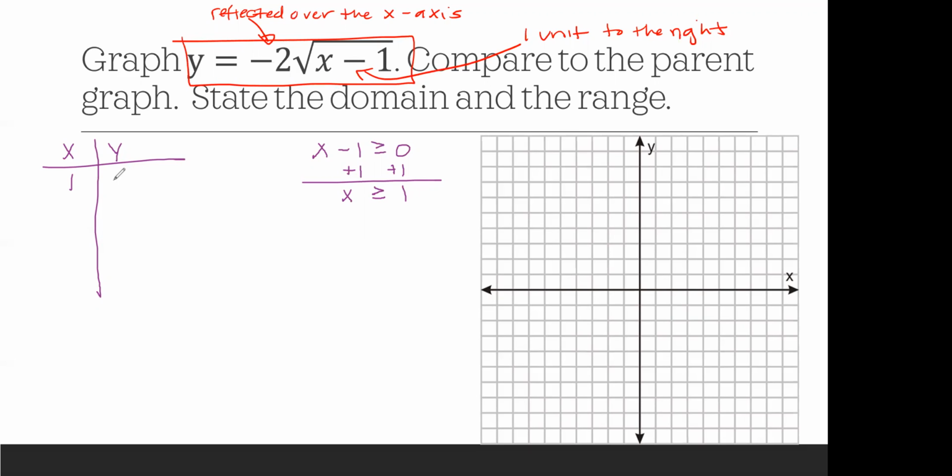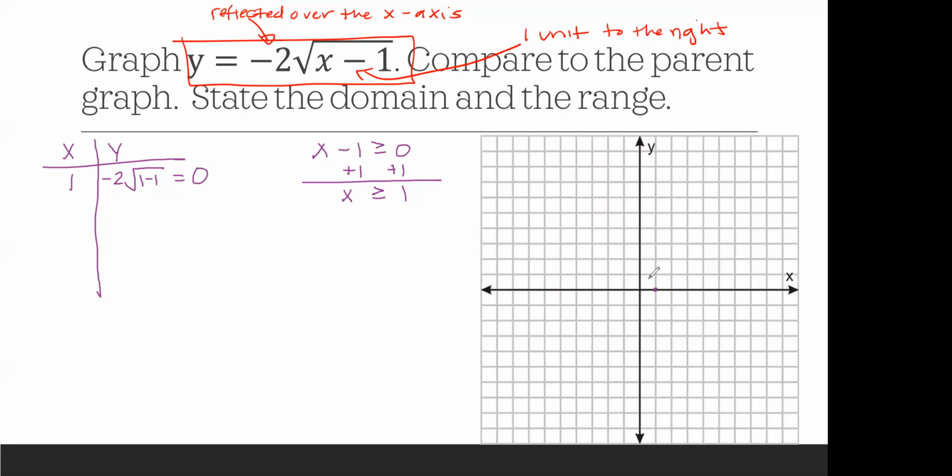So I plug in 1 for x, and 1 minus 1 is 0. The square root of 0 is 0, and 0 times negative 2 is 0. So when x is 1, y is 0. That shows this part right here is translated 1 unit to the right. From the origin, it went 1 unit to the right.